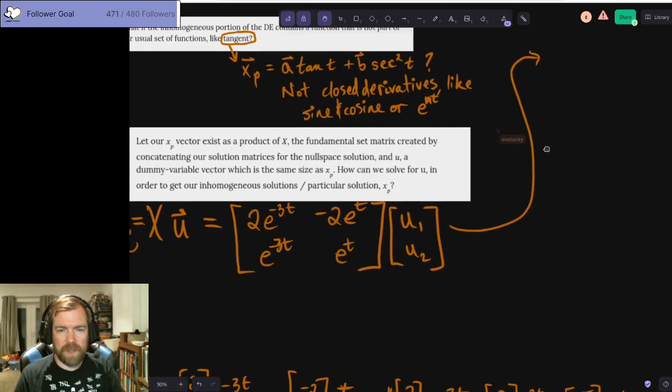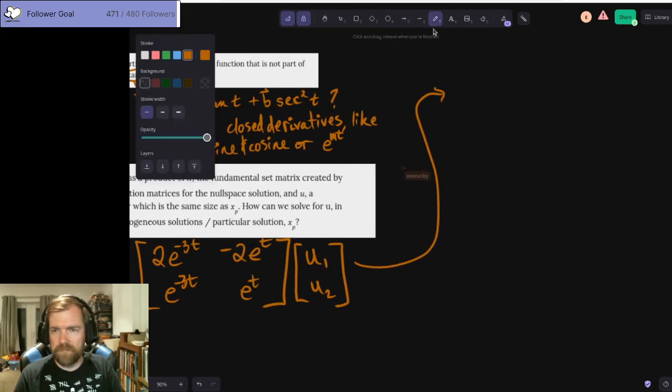I'm also doing this from a position where we don't know what variation of parameters is for any other kinds of differential equations. So we're trying to come up with this just from its own standpoint, essentially.